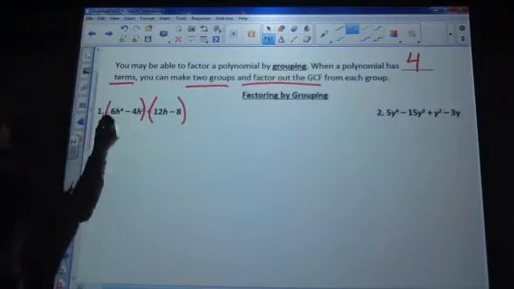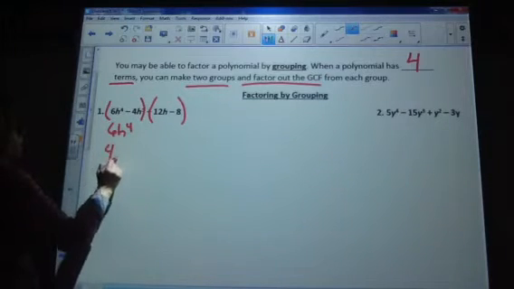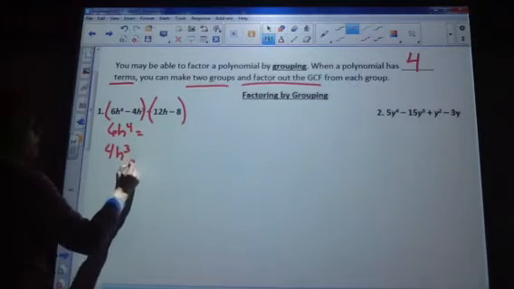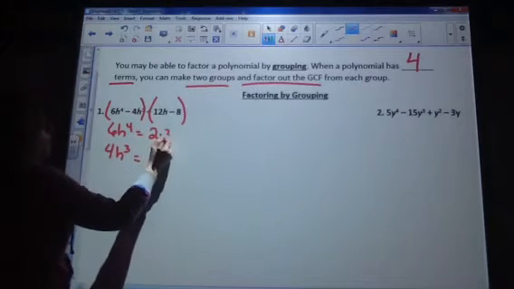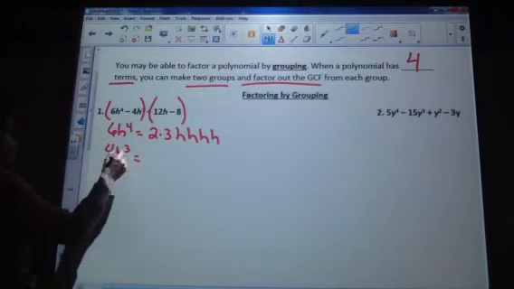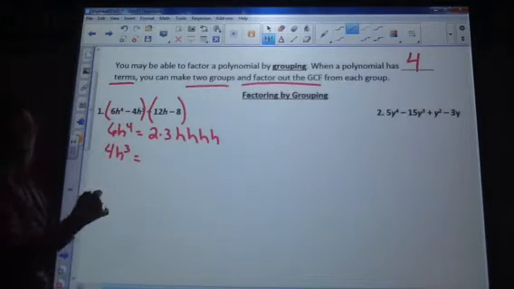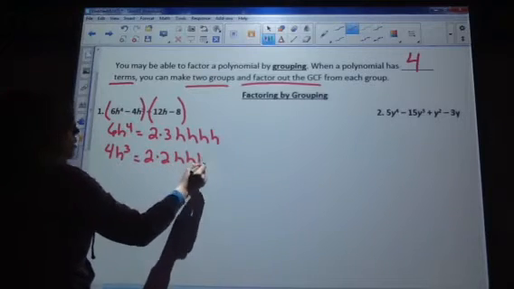For the first group here, we have 6h to the 4th and 4h cubed. Let's factor these out. For 6h to the 4th, that's 2 times 3 and 4 h's. For 4h cubed, sorry about that, that's 2 times 2, h.